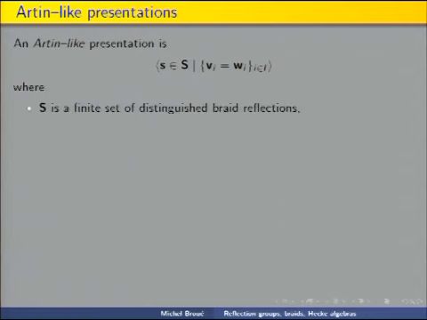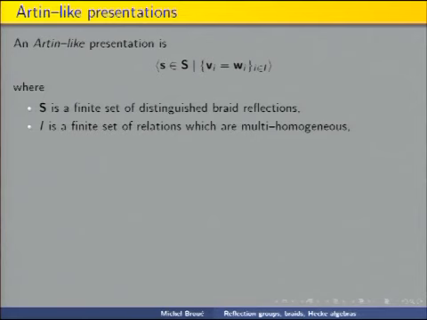I is a finite set of relations which are multi-homogeneous, that is to say, v_i and w_i are positive words with the same length in elements of S. It's well known that the Coxeter relations can be defined that way.